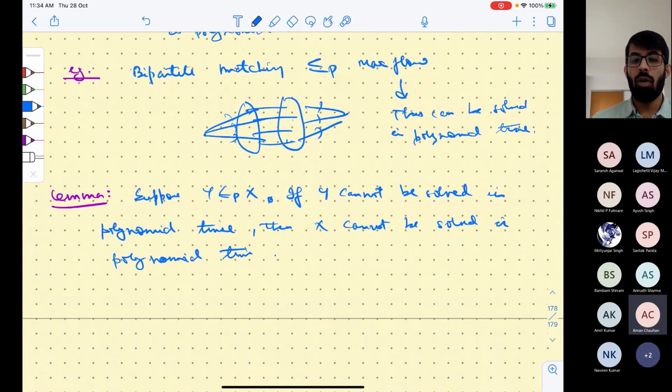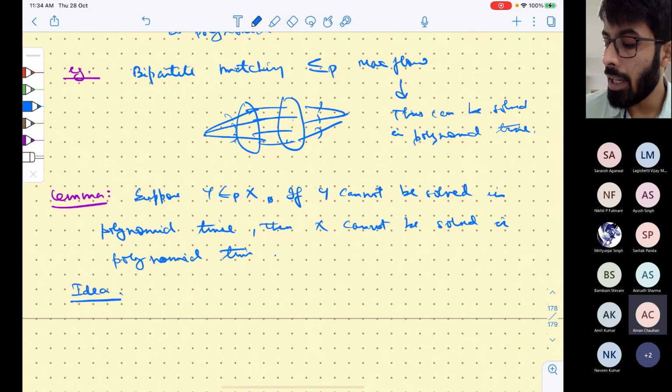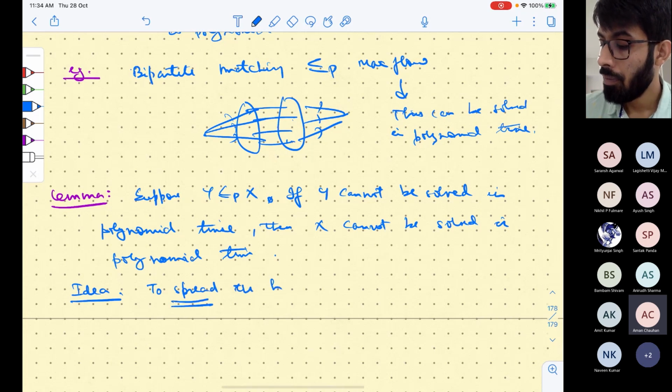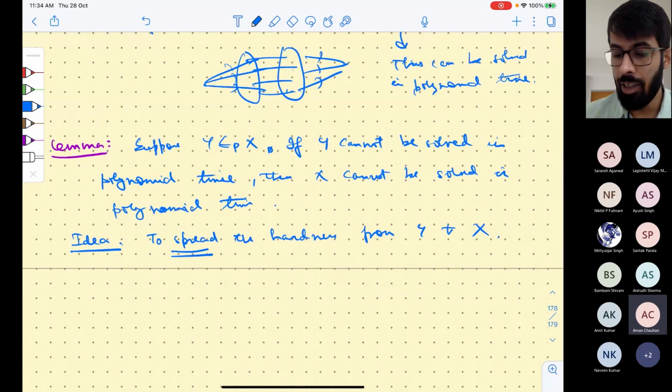So this way, the idea can be to spread the hardness from Y to X. If we know that Y is hard somehow, then we can spread the hardness. If now we can show that Y reduces to some problem X, then we know that X is also hard, and so on. But then again, the caveat is that we don't really know that Y is hard.